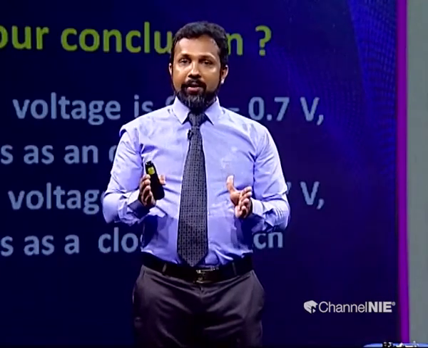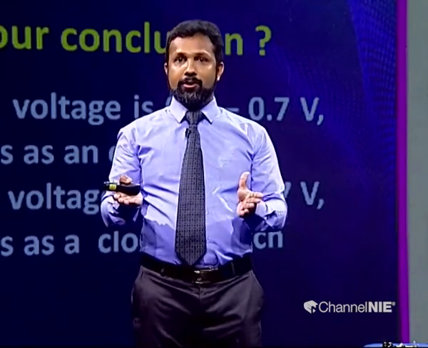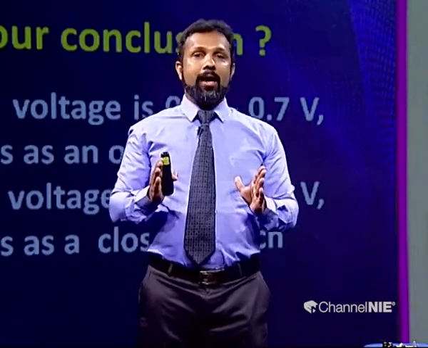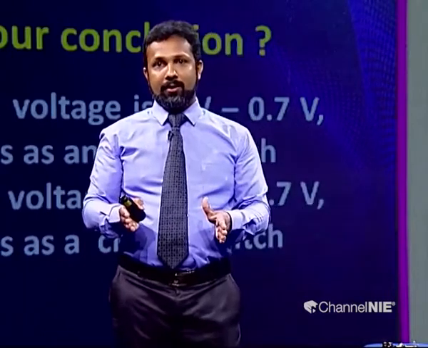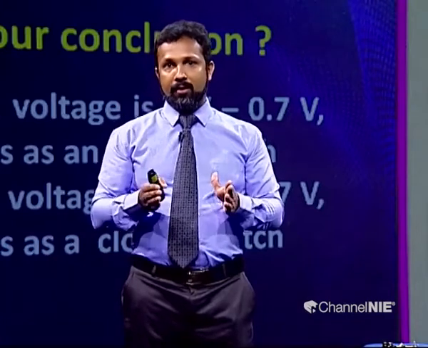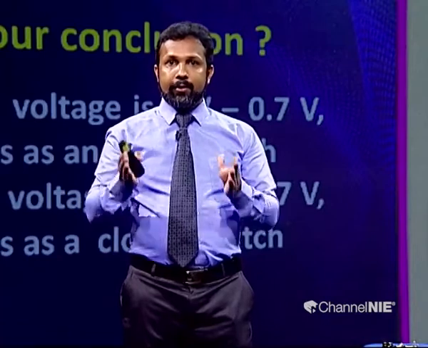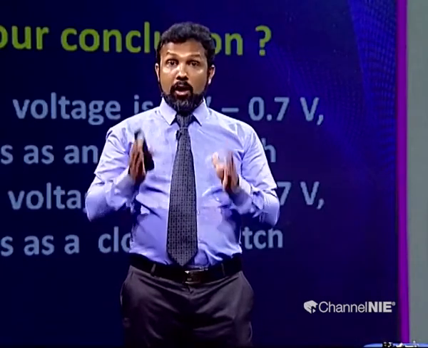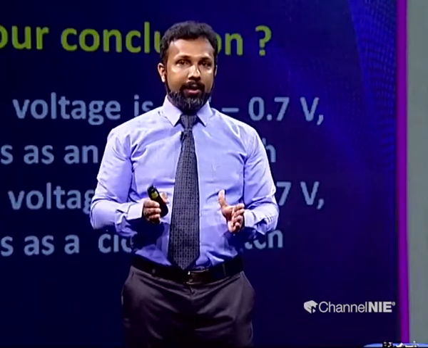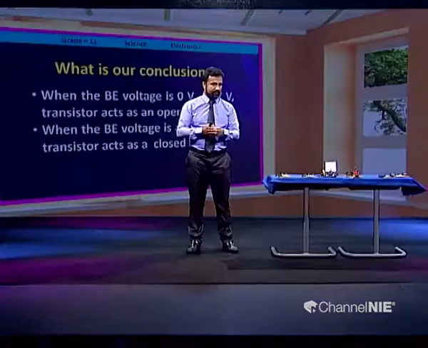When the voltage between emitter and base is 0.7 volts or less than 0.7 volt, current does not pass through the transistor, as the current passes through the external circuit. That means for a transistor to act as a closed switch, the base emitter voltage should be 0.7 or more than 0.7 volts.